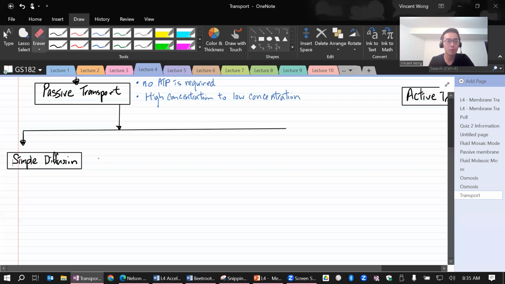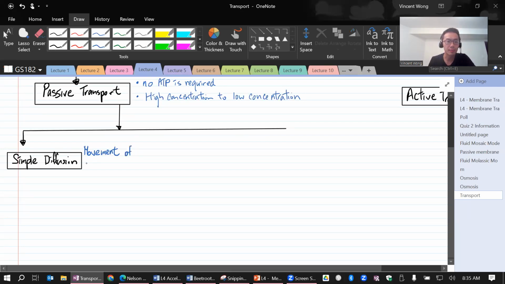And that is movement of substance, oops, I should use blue. You should also use color if you could, because I'm going to use different colors for different things. Blue is just a description, and I'll use red for examples.